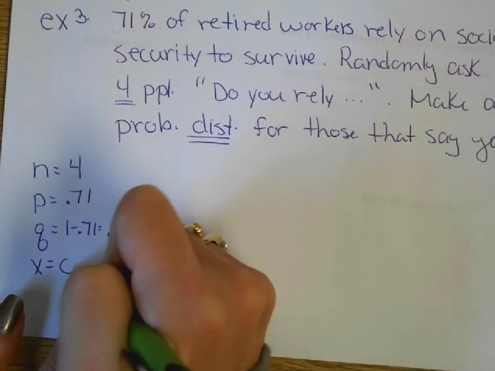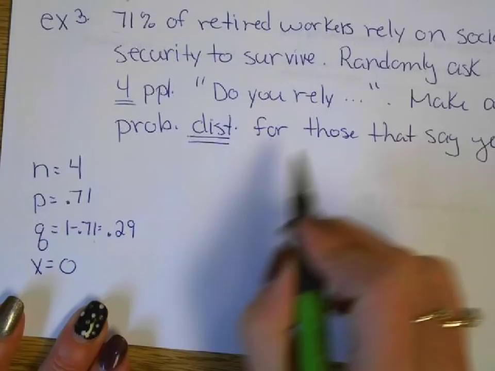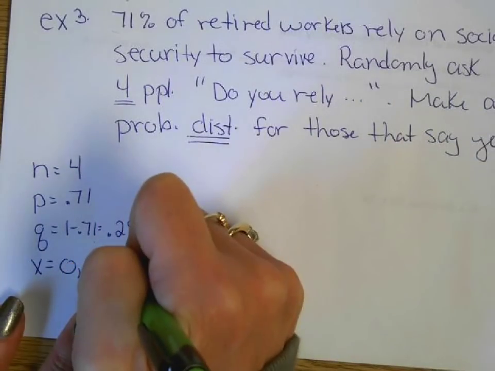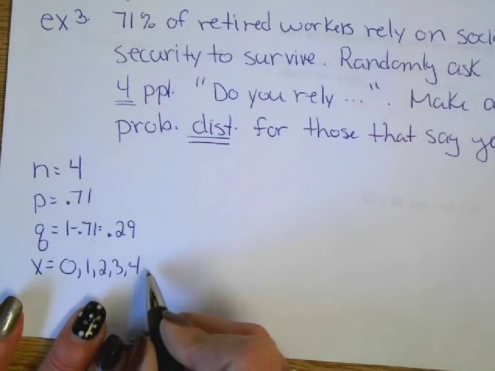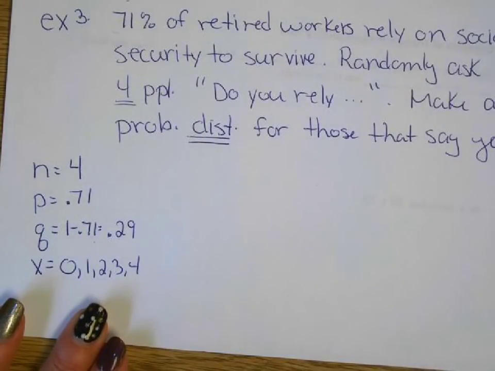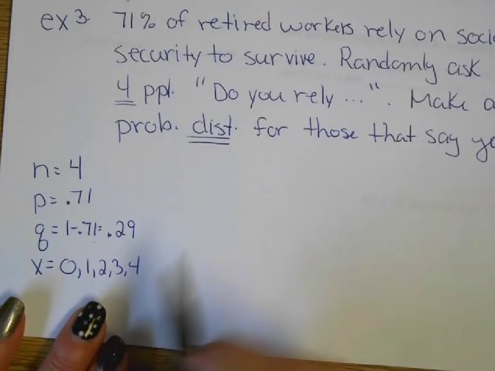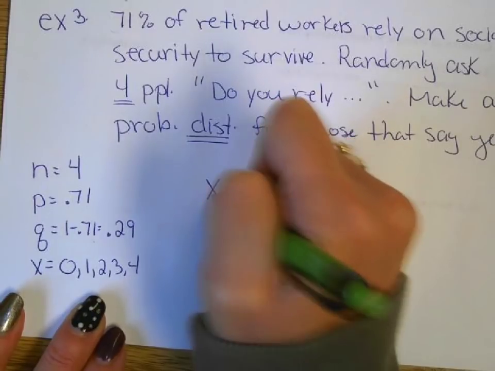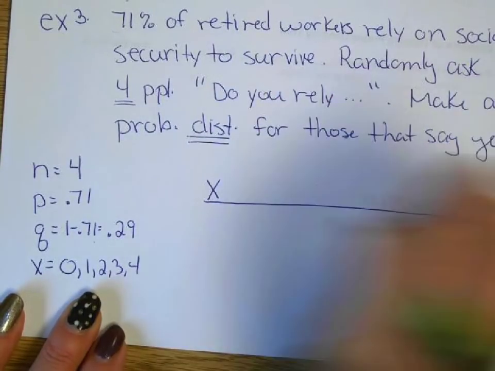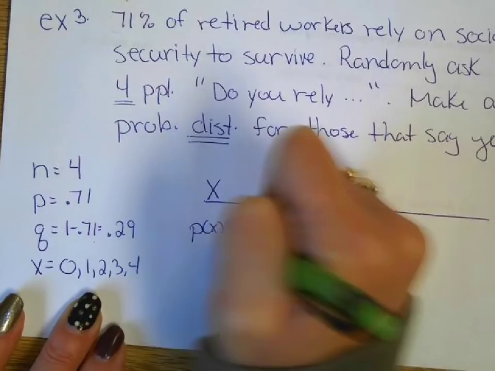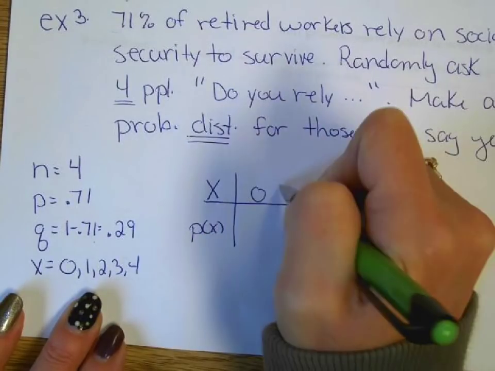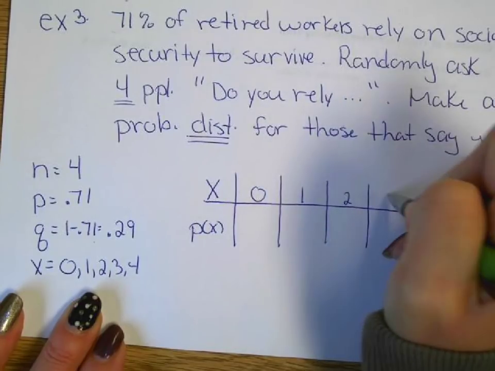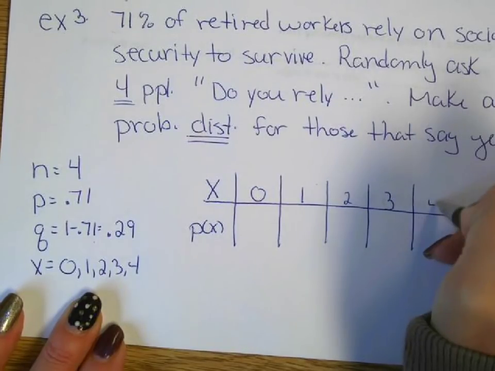Anywhere from 0 people could say they rely on Social Security, or 1, or 2, or 3, or all 4. I'm only asking 4, so I can't have anything higher than 4. So our table, our probability distribution, has X values that go from 0 to 1, 2, 3, and 4.